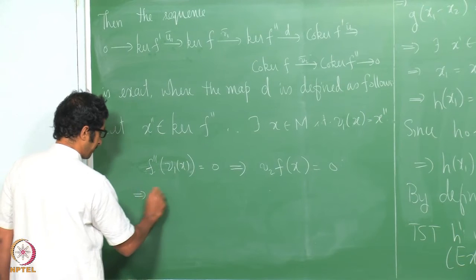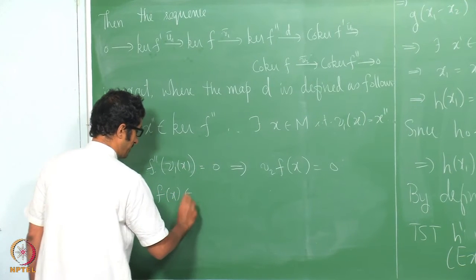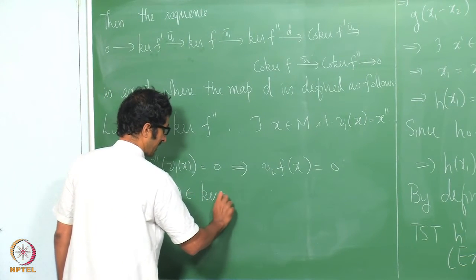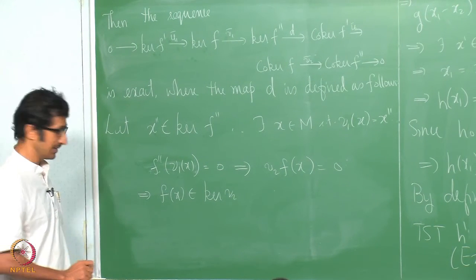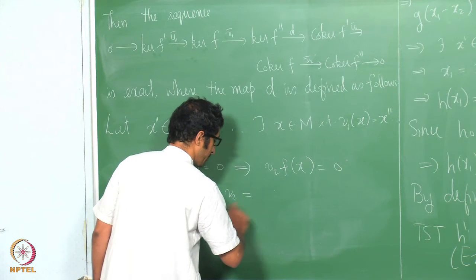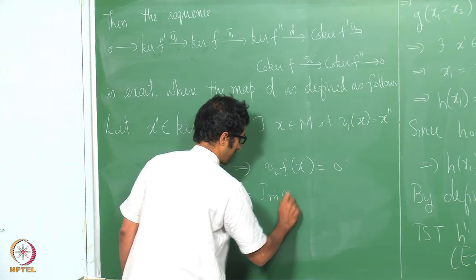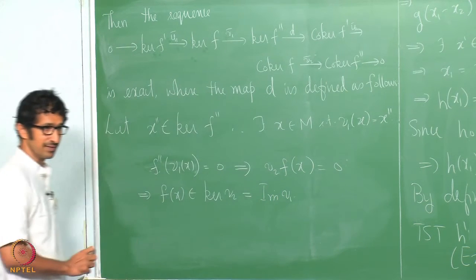That means f of x belongs to kernel v2. But what is kernel v2? This is image of u2.